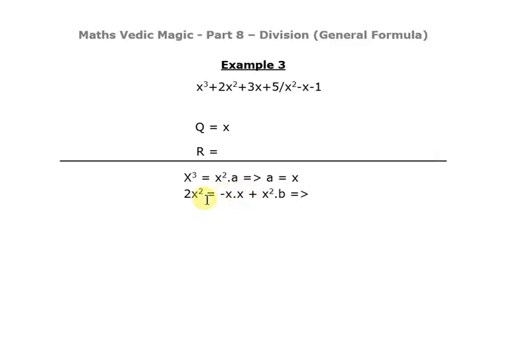So 3x squared equals x squared times b. Now it should be clear.